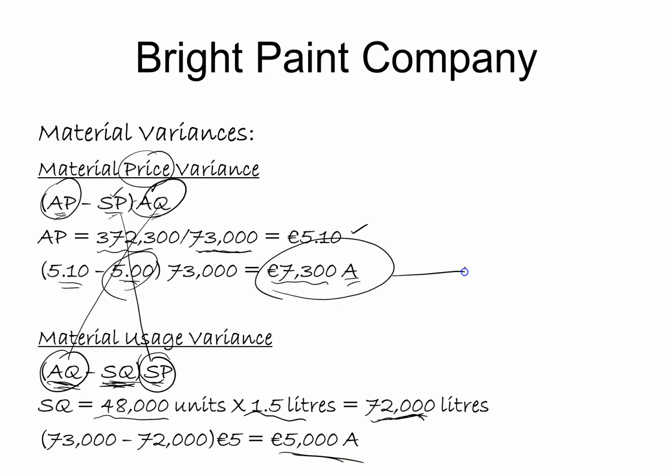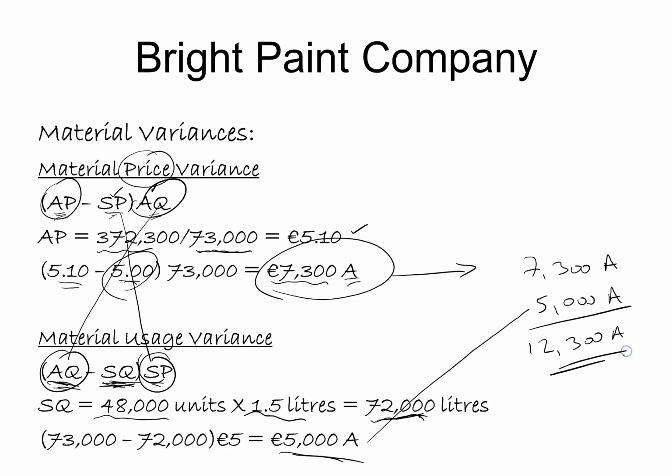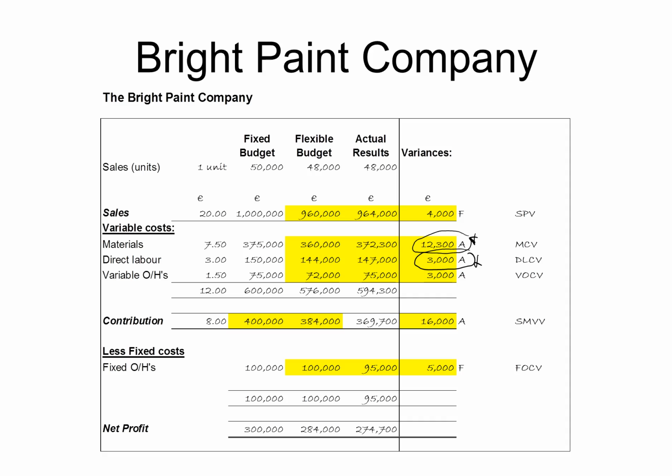Now if we take this here, 7,300 adverse, that is the material price variance, and I take the usage variance, 5,000 adverse, that gives me an overall 5,300 adverse material variance. If you just go back and check the question, you can see that's that figure there.